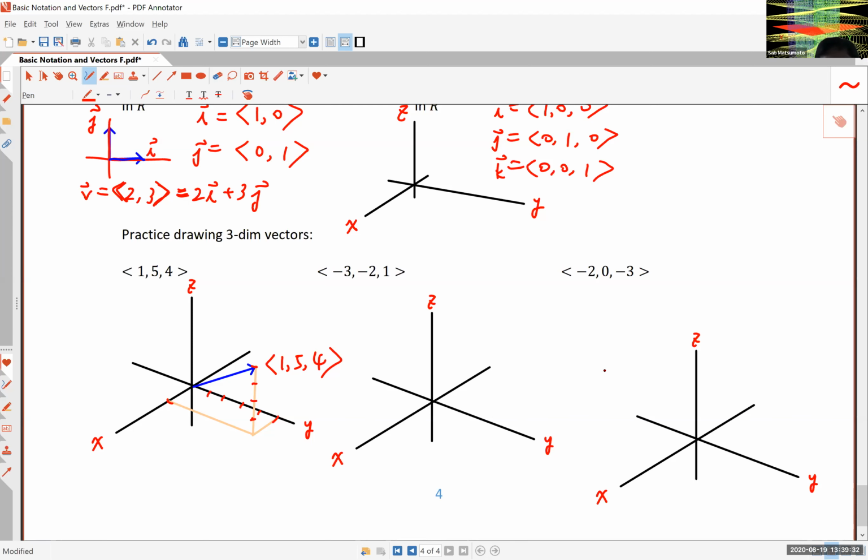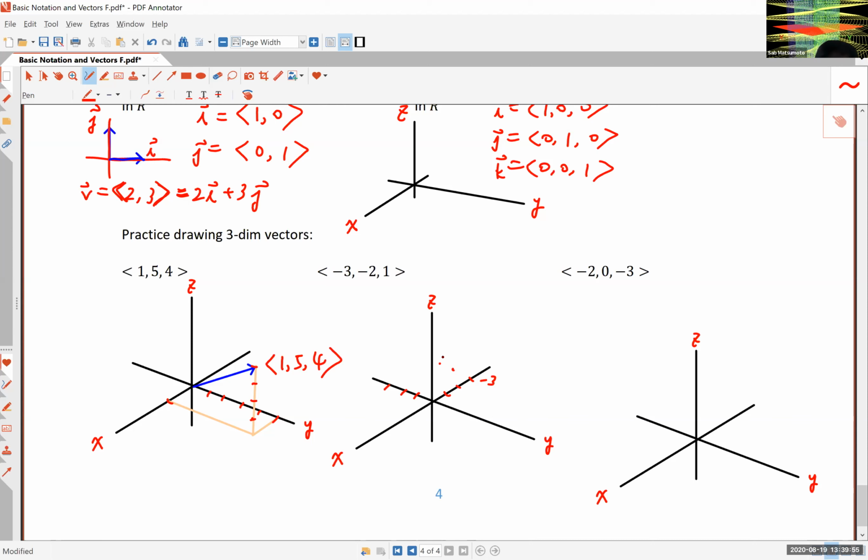How about negative ones? Negative components are kind of tricky. -2, -3, 1. In the x direction, -1, -2. And so this is -3. And then you go 2 units in the negative y direction.